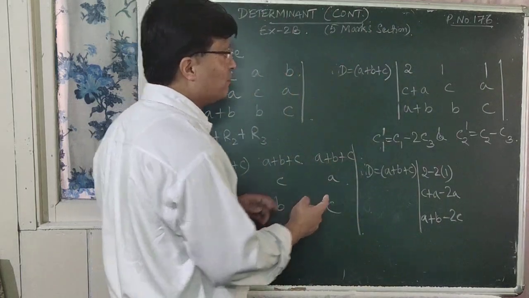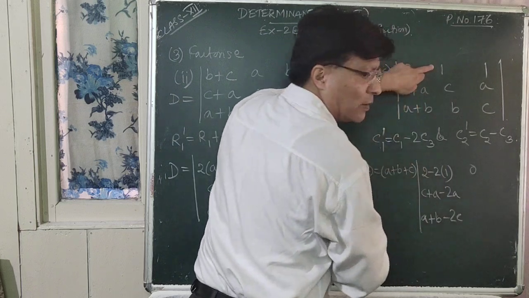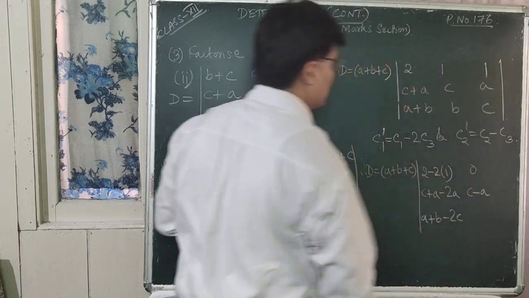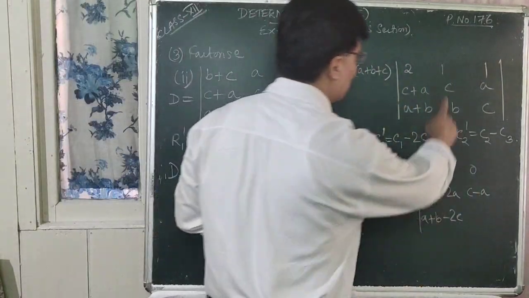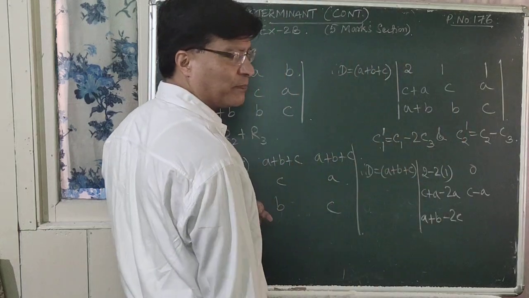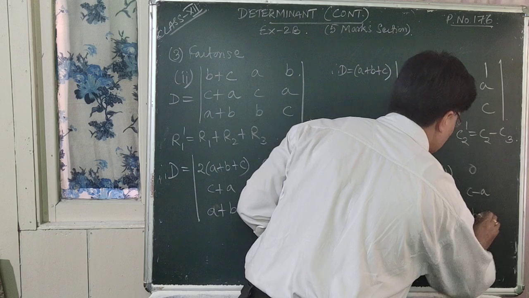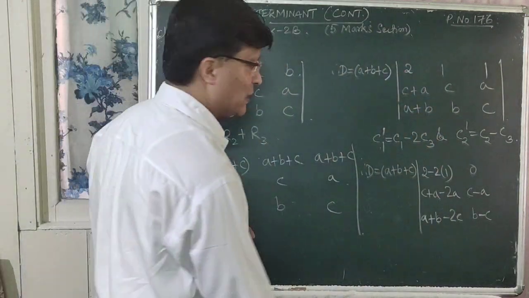So now next one is, again column 2 is changing. How does it change again? 1 minus 1, 0. Right? What is C2 minus C3? C minus A. It is C minus A, right? Then comes B minus C. Then it is B minus C, right?